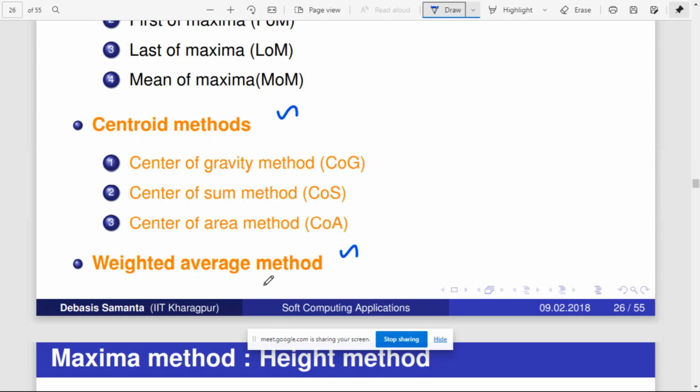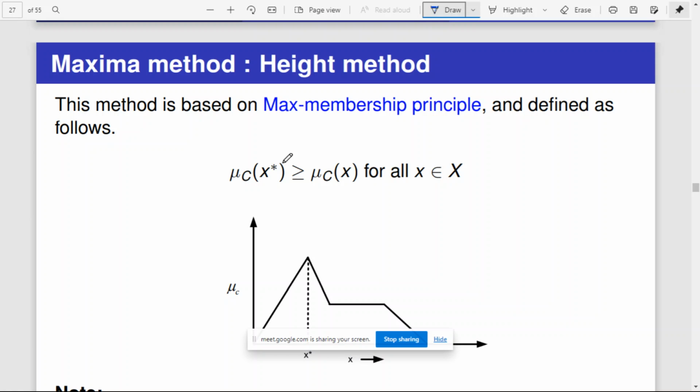Basically all these are techniques for defuzzification. Defuzzification means to convert fuzzy values to crisp values, right? The first method under the maxima method is called the height method.